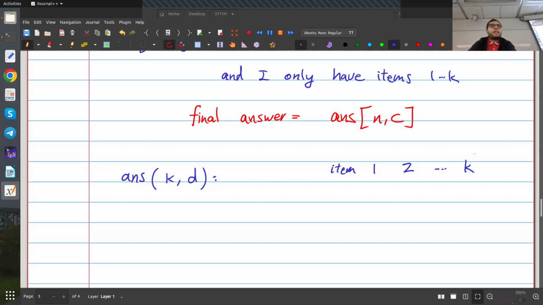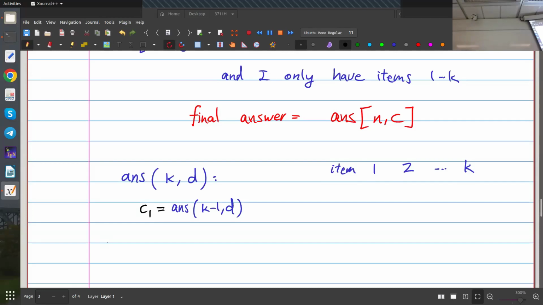Well, my knapsack capacity remains at D, but now I'm not putting the last item, so I only have the first K minus 1 items. So I can just say that I take the answer for K minus 1 and D. So this is my first case. Let's say C1 is this.